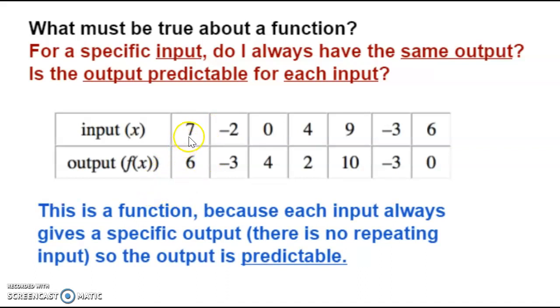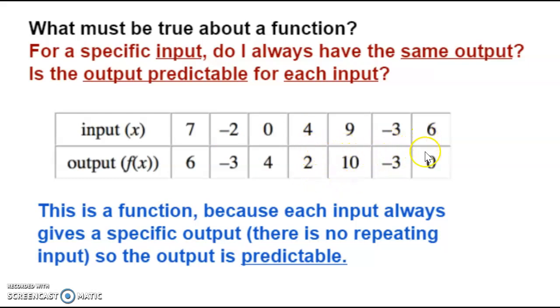Look at this. So in this, is this a function or not a function? This is a function. Why? Because when you put in x as 7 as an input, you got 6. When you put in negative 2 as an input, you got negative 3. When you put in 0 as an input, you got 4, and so on. That was your input and output.